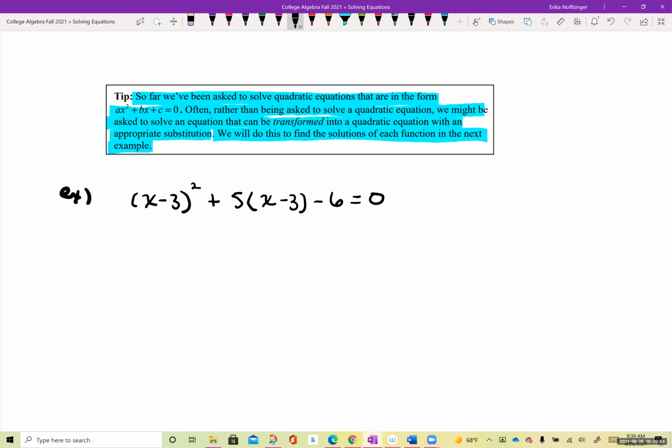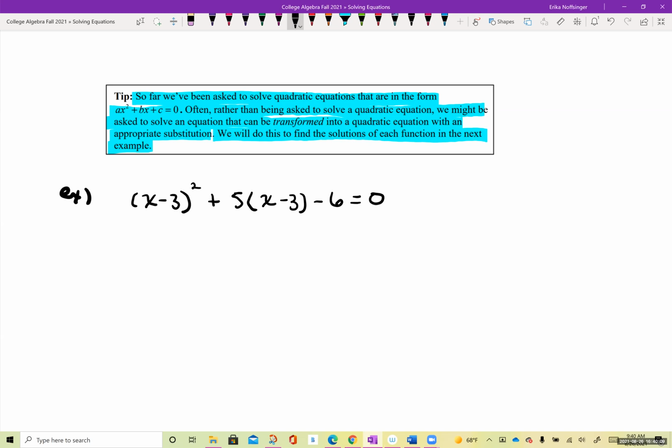And it's asking us to solve the following equation. And so right now we could do it with methods that we've done in the past. We can expand that x minus 3 times x minus 3, distribute the 5, combine like terms, and then try to solve it that way.